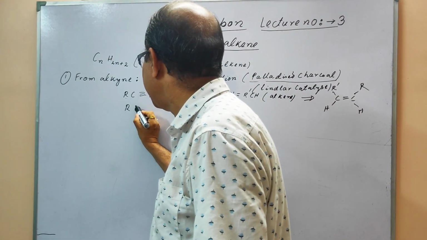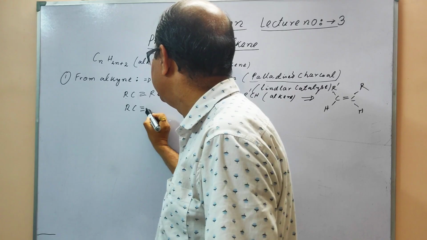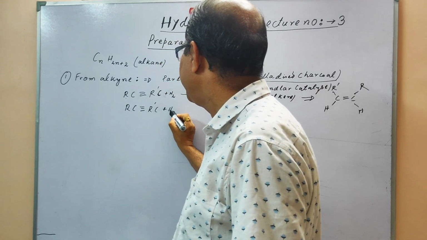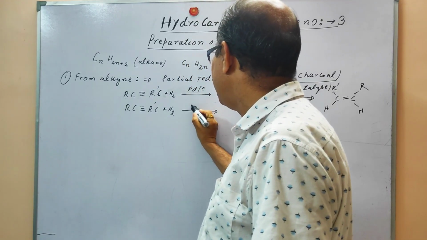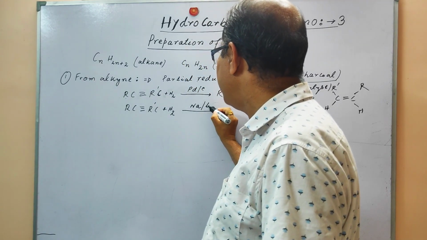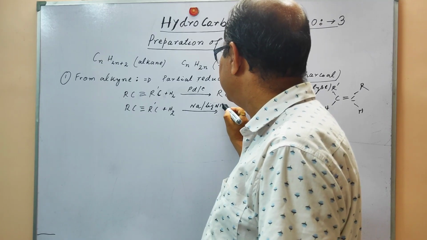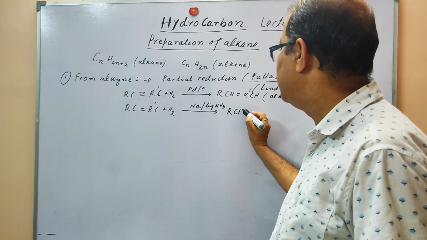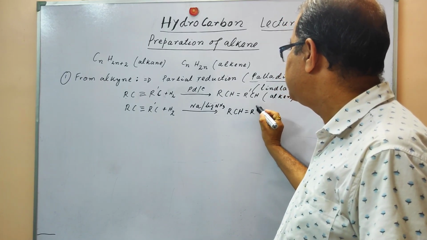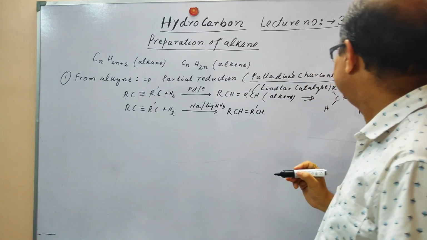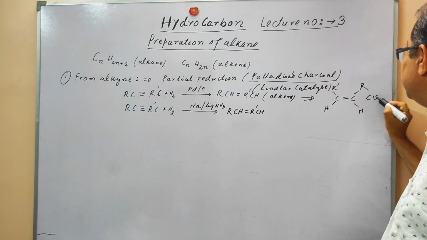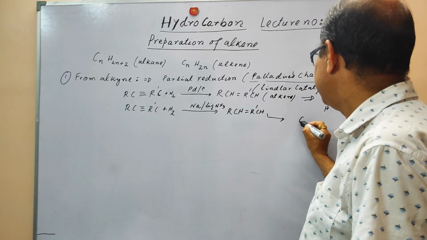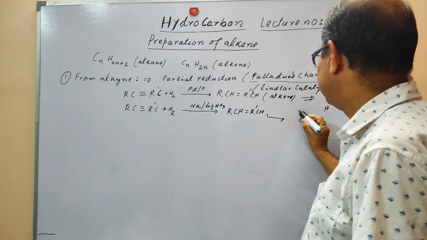When this alkyne, this is alkyne, is reduced in presence of sodium in liquid ammonia, sodium in liquid ammonia, this is going to produce the alkene, which has, this is cis geometry, cis isomers, and here this will have the trans isomers.